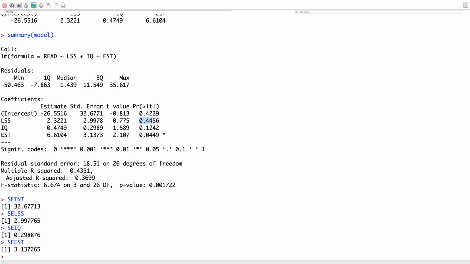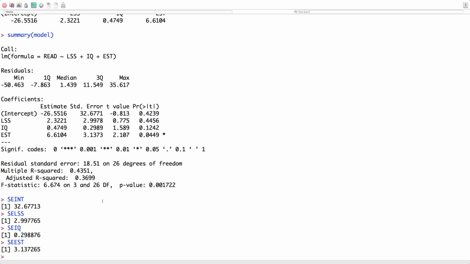Statistically speaking, we cannot determine that LSS is different from 0. Statistically speaking, we cannot determine that IQ is different from 0. But statistically speaking, we have reason to believe that the beta estimate for EST is statistically significant and different than 0. We're going to demonstrate that in a second.